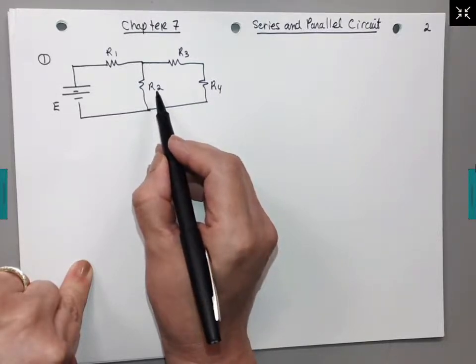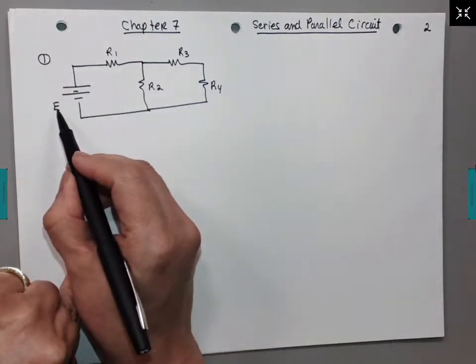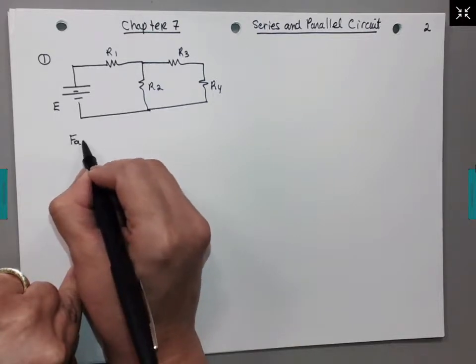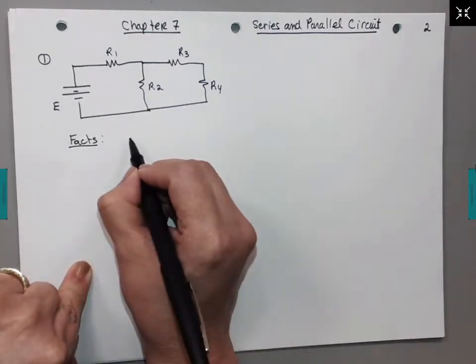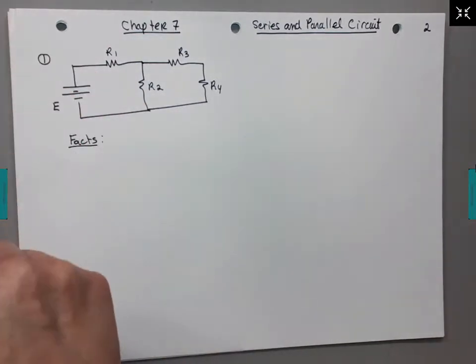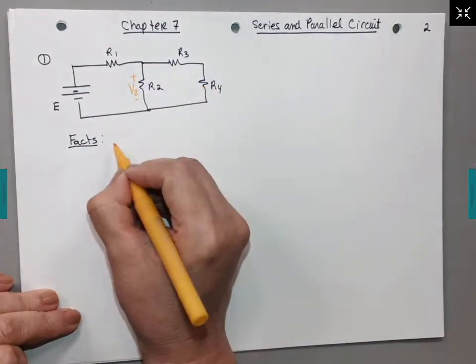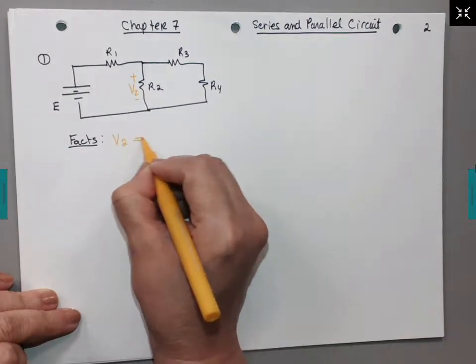So V2 is not E. All right? So first facts. V2, if we had a V2 right here, is not equal to E.